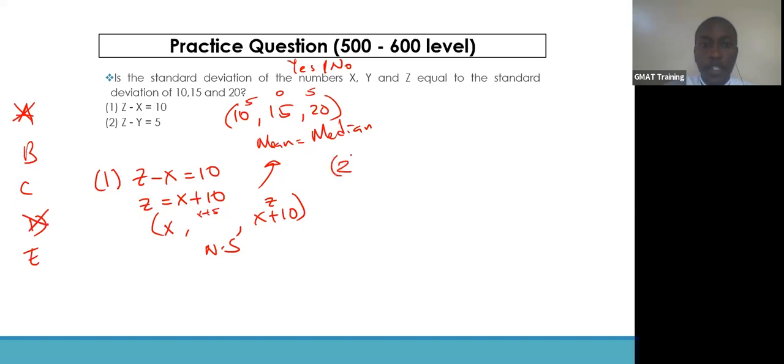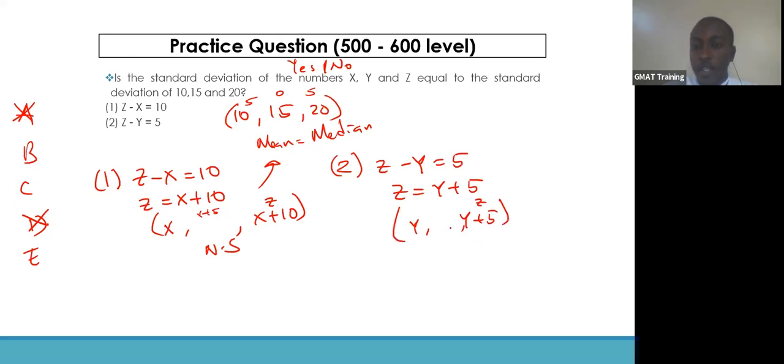The second statement, z minus y equals 5. This means z equals y plus 5, right? Now we have y and y plus 5, which is z in this case. What about the value of x?